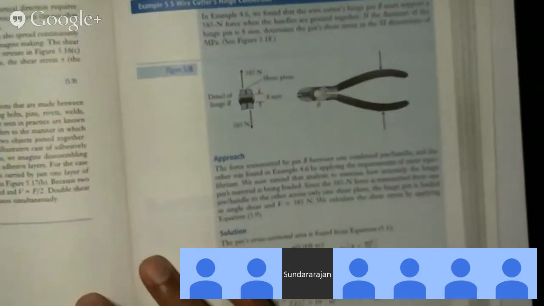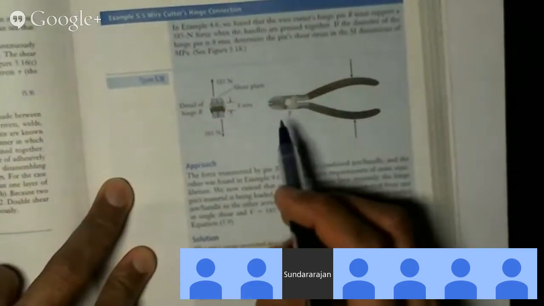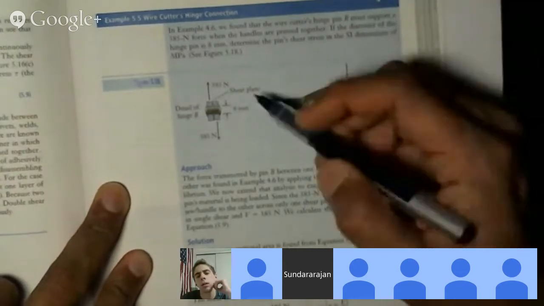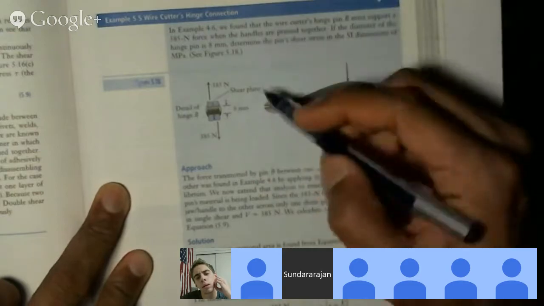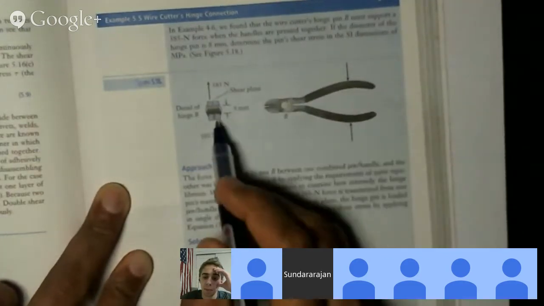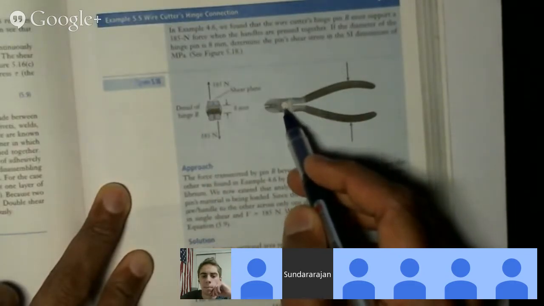So let's look at another one. Let's look at this picture here. It's a wire cutter, and there is a wire here, and you're pushing down upon this to cut the wire. This is the cross-sectional view of the pin.